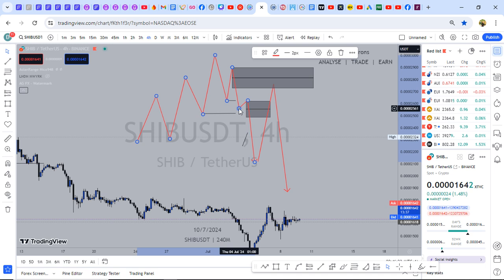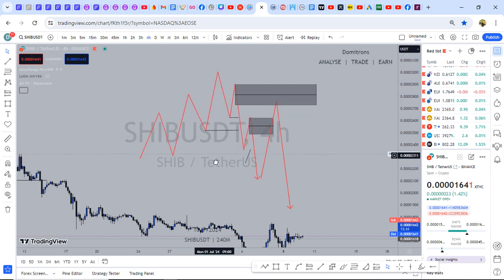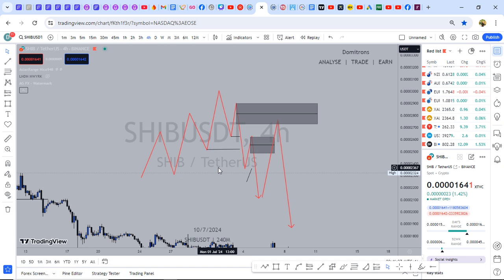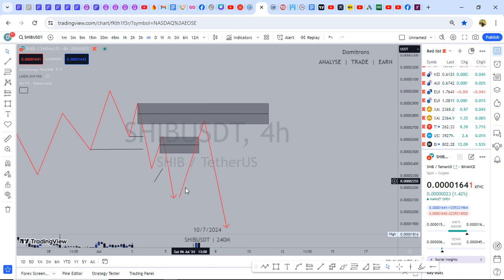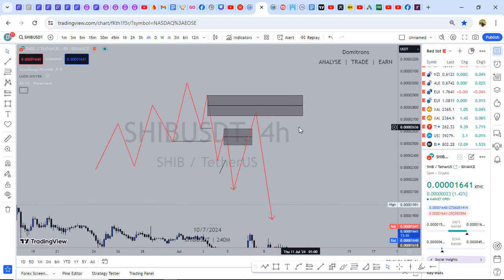So we want to see it violate that, giving us a break in market structure for me to confirm a bearish trend. Now, what is the reason why I have to expect that? The reason is because this is a high, not a lower high. Okay, this is a high, not a lower high, and this is a low, not a lower low.